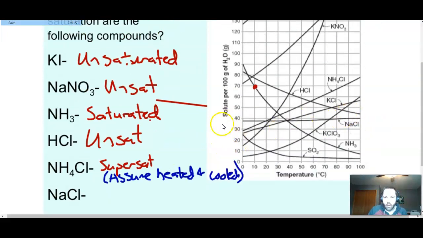And then sodium chloride, since that's above, I'm going to assume the same thing. Let's just say supersaturated, but same thing, assume heated and cooled.